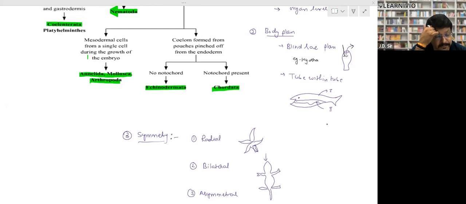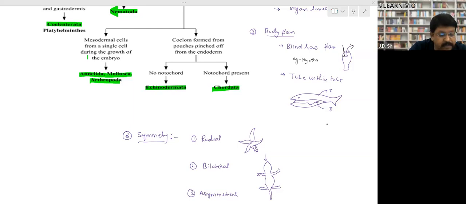Example, sponges and amoeba. You cannot divide sponges and amoeba into two equal parts. Sponges and amoeba. Right?